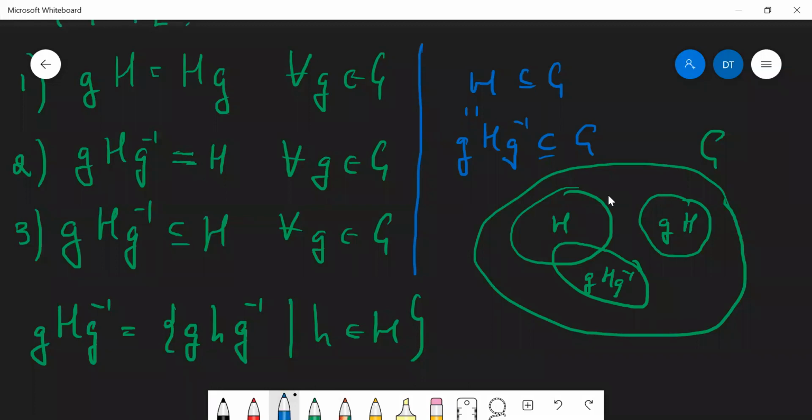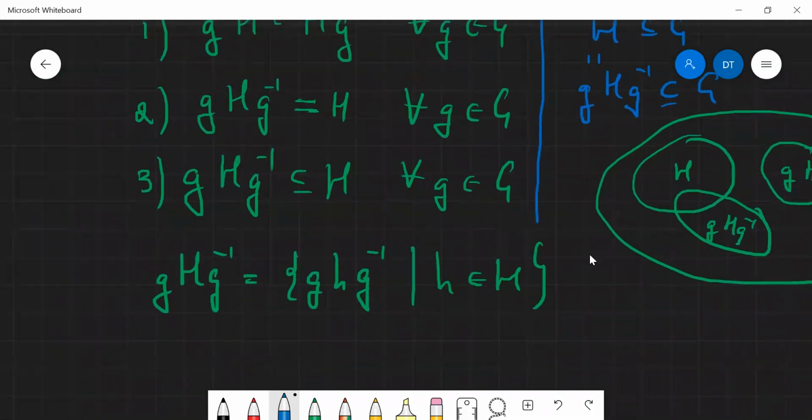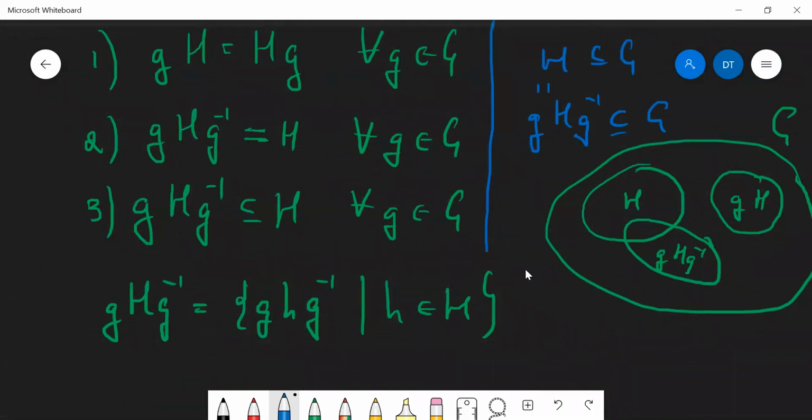The picture shows the case when H and gHg inverse are not the same. If this happens, then H is not a normal subgroup. But if this is always the same as H, then H is normal. So H is a normal subgroup if any of these holds.